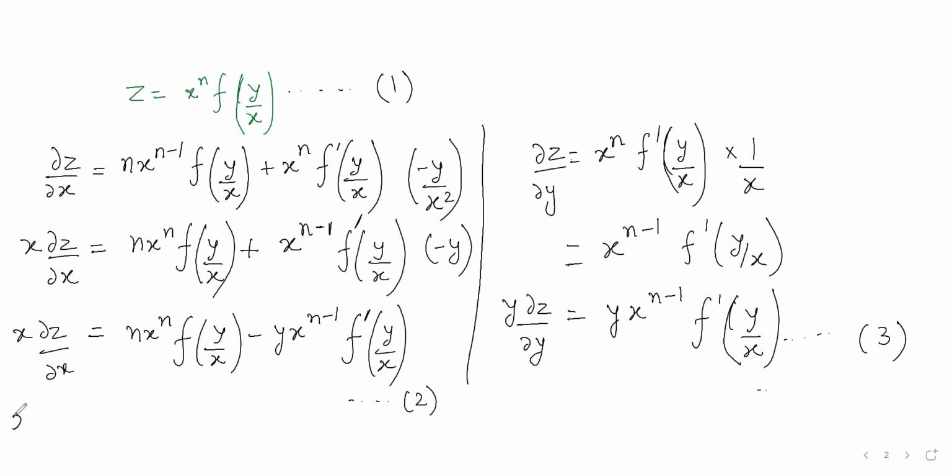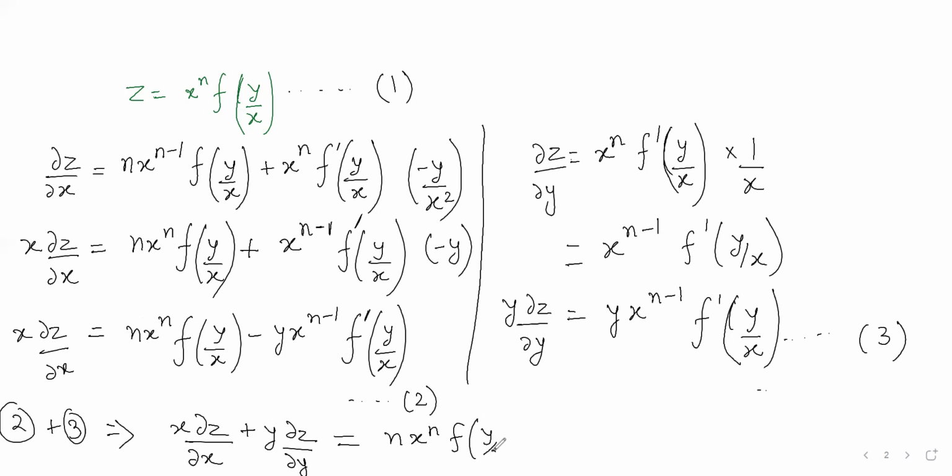On adding equations 2 and 3, on the left hand side we get x del z by del x plus y del z by del y, which is equal to n x to the power n f of y by x, and the other two quantities are similar with opposite signs, so they cancel each other. Now x to the power n f of y by x is equal to z, so we can write n z. So this proves Euler's theorem.